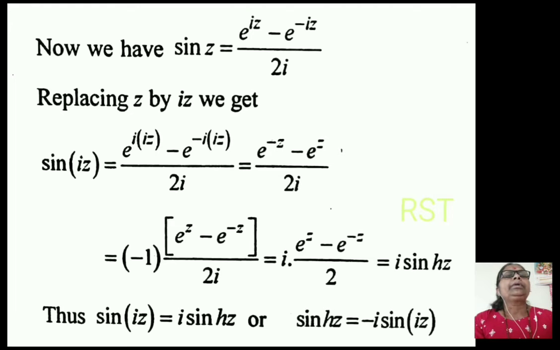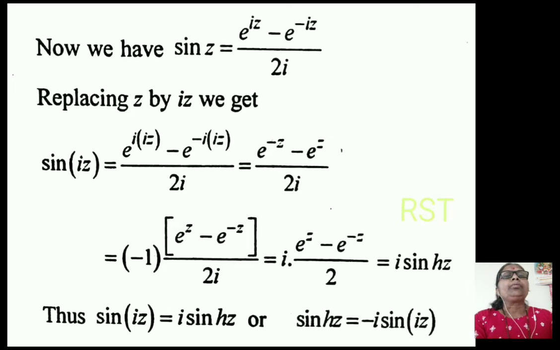After simplifying, i square equal to minus 1, so that we get sin of iz equal to e raised to minus z minus e raised to z upon 2i. I square is minus 1 and minus i square is plus 1, so that we get this result.